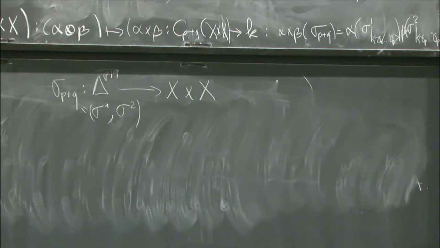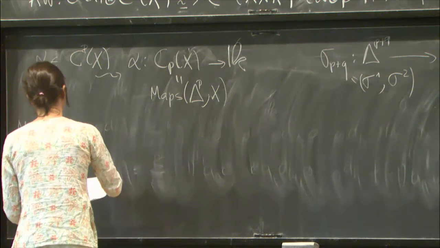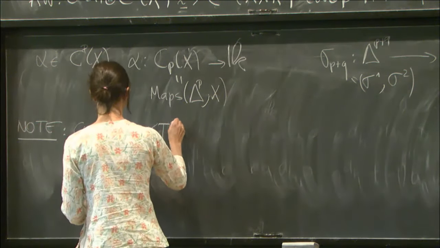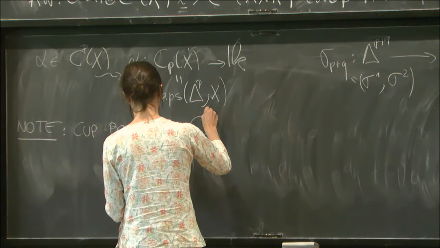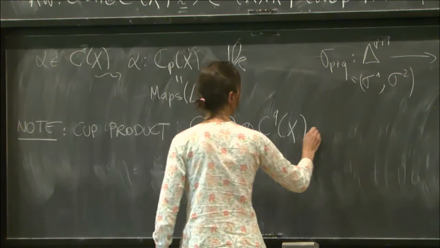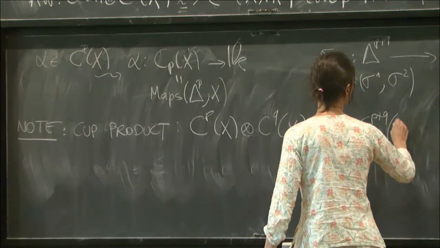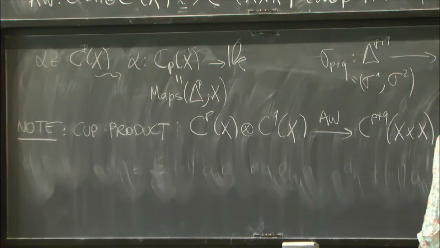So note, we need this. Remember, at some point I want to talk about the cup product because that's our multiplication here. The cup product is what? Well, it's the same thing except that I did a diagonal somewhere. So I go C^P(X) tensor C^Q(X), then I do Alexander-Whitney to C^{P+Q}(X cross X), and then I do the dual of the diagonal of X to C^{P+Q}(X).